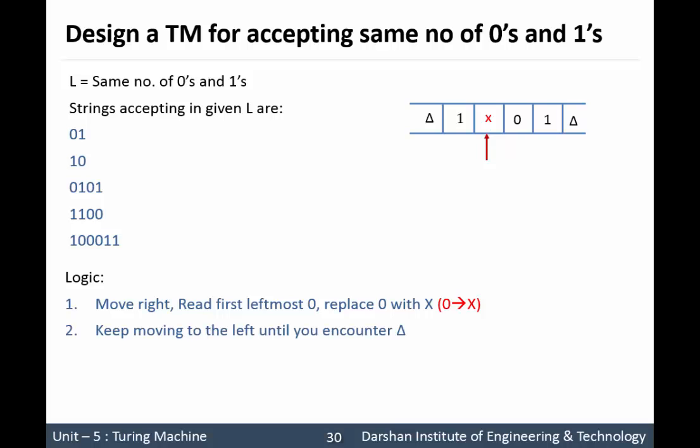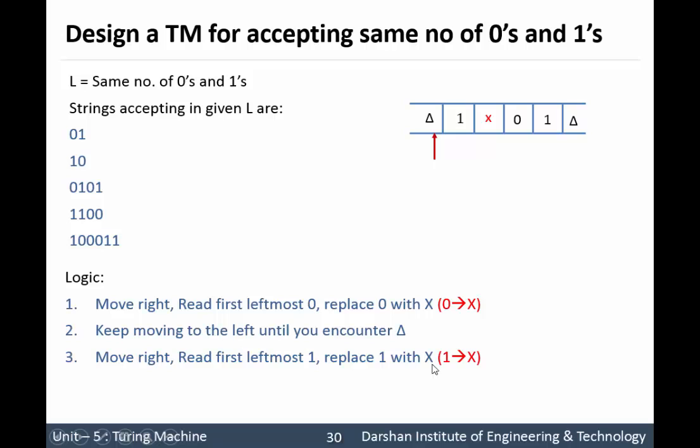Now what is our next step? Keep moving to the left direction until you encounter the delta. Whenever we encounter the delta on the left side, that means it's the left end of the string. So start moving in the left direction until you encounter the delta. Now again, move to the right direction and read the first leftmost 1.